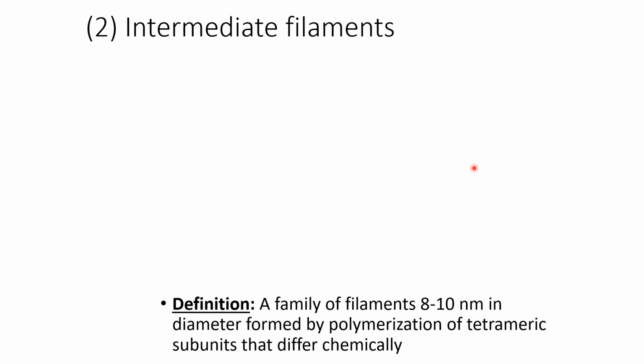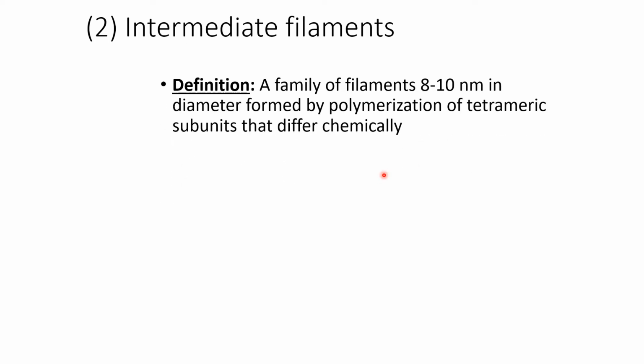Intermediate filament. By definition, it is a family of filaments 8 to 10 nanometers in diameter, more than the actin filament, formed by polymerization of tetrameric subunits. These subunits are different in chemical nature.